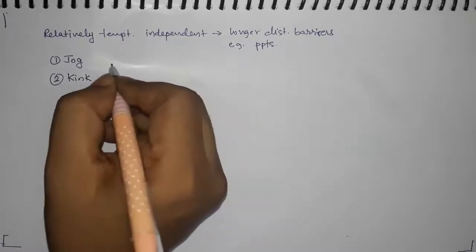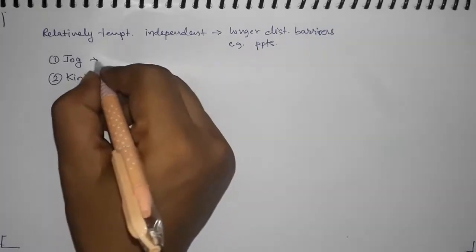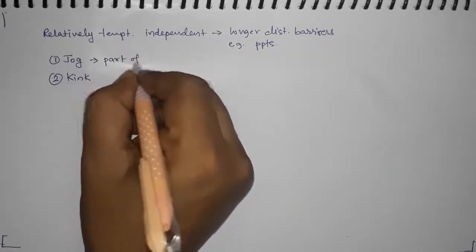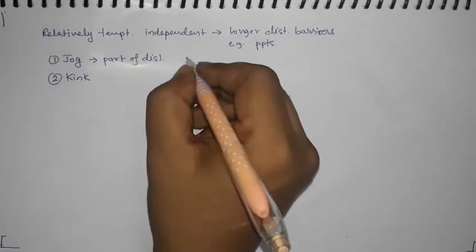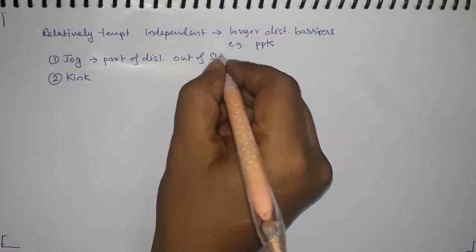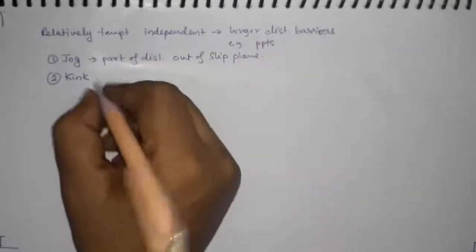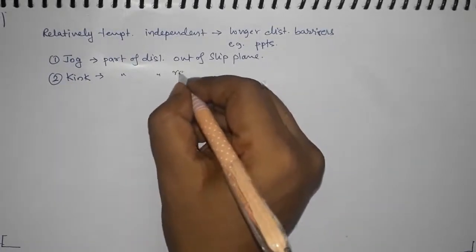Okay, so a jog is a part of a dislocation which is out of the slip plane, and kink is a part of dislocation which remains on the slip plane.